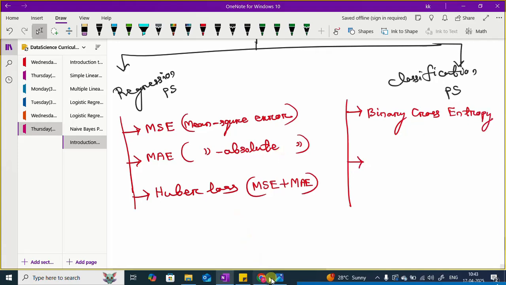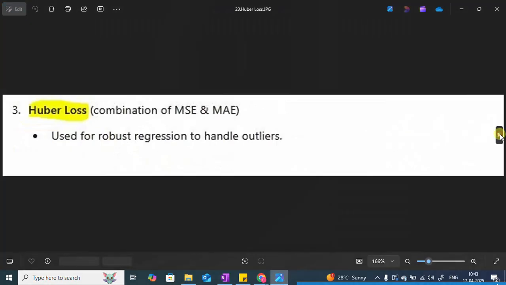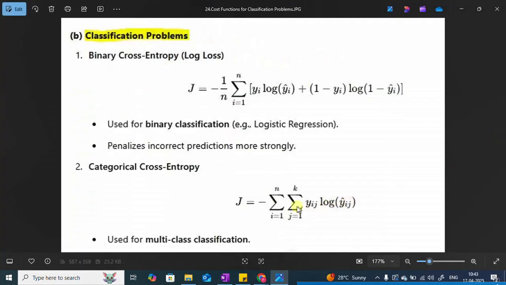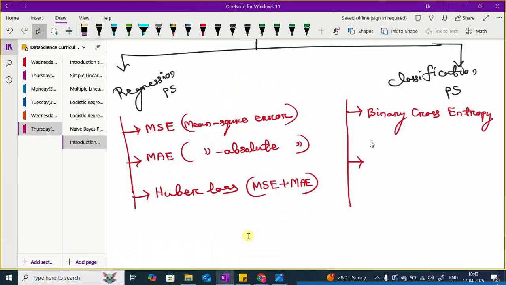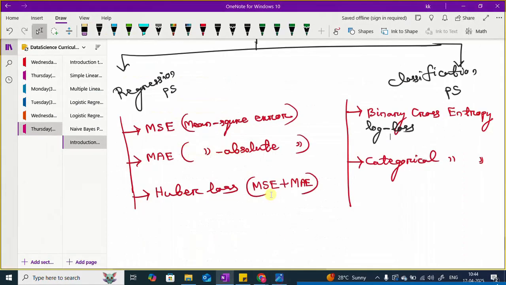Then we have something called categorical cross entropy. And sometimes the binary cross entropy we also call log loss. Log loss, and this is categorical cross entropy.